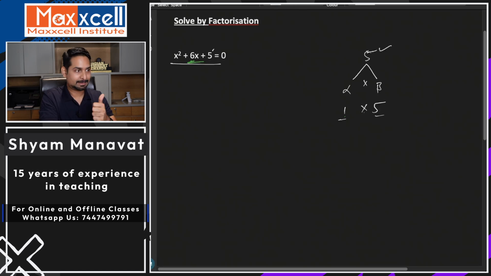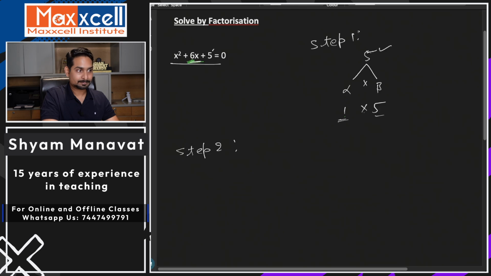So step number 1, you first take the constant and divide it into two parts such that the product will again be the constant, but the sum of them should give you the middle term, the coefficient of x, which is 6 in this case. Then step 2, you split this middle term, split this 6.